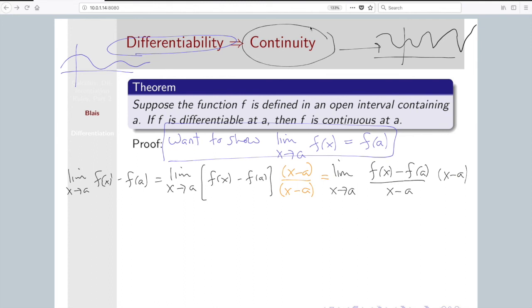We can then use our limit laws to argue our product law, that this is the limit as x goes to A of f of x minus f of A over x minus A times the limit as x goes to A of x minus A. So again, using our product law for limits.